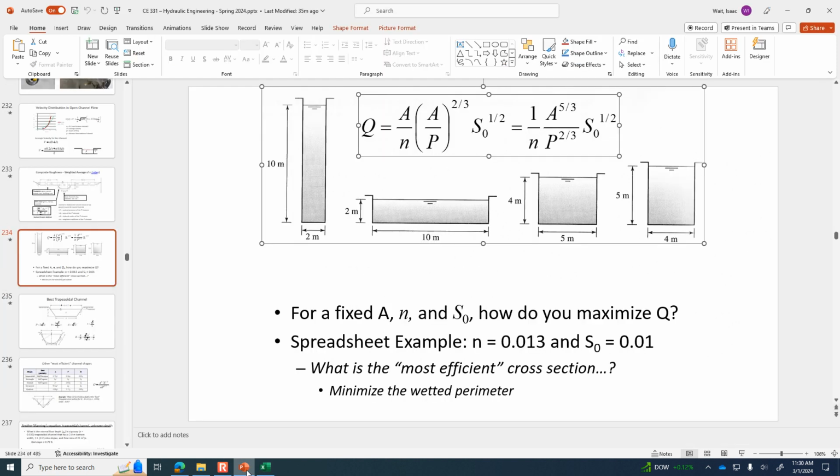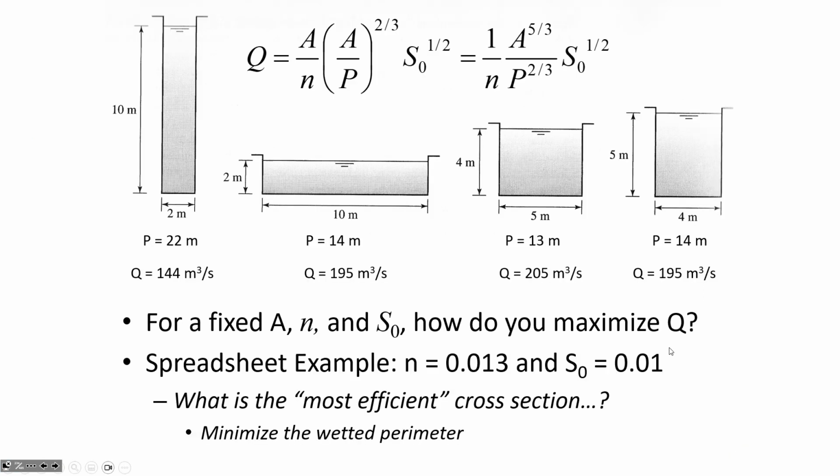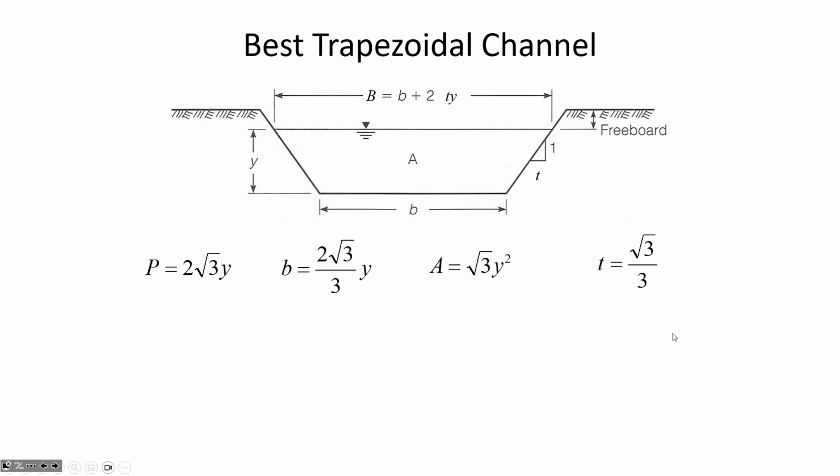And our book has some formulas for what's the most efficient hydraulic section for a variety of shapes. So for example, here's the trapezoidal channel that's the most efficient. The most efficient trapezoidal channel is the one that has side slopes where t is square root of 3 divided by 3.